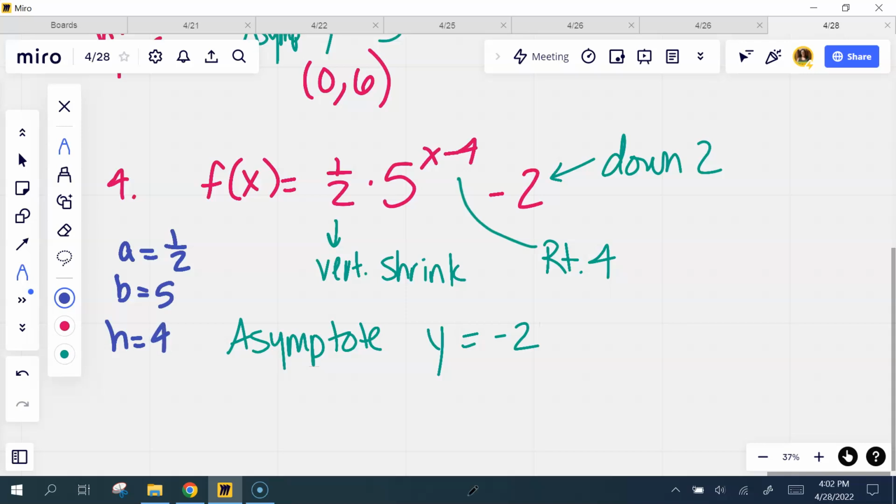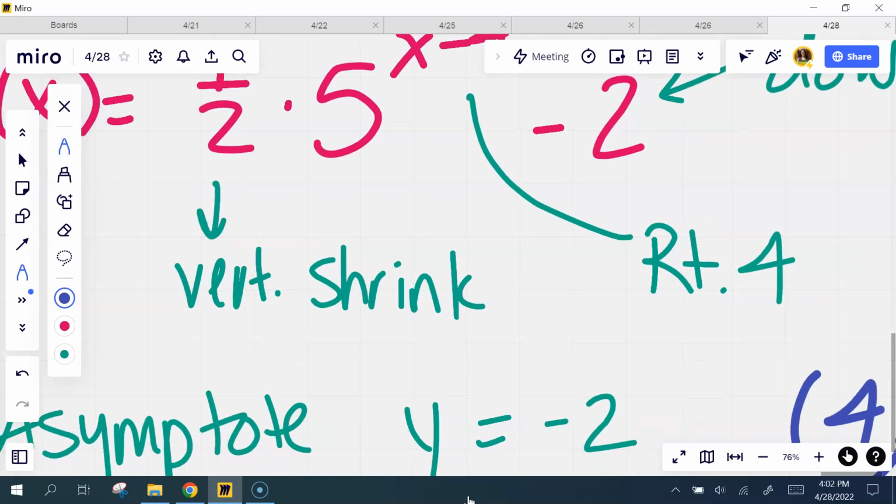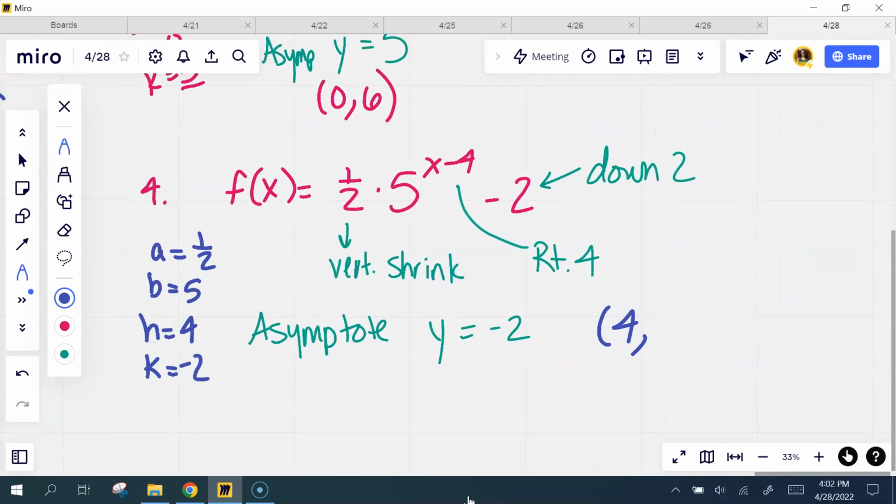H is 4, and K is negative 2. So this tells me that one of the points on my graph is going to be H, A plus K. So that would be negative 2 plus 1/2, which would be negative 1/2, right? So negative 3 over 2 or negative 1.5, whichever you prefer.